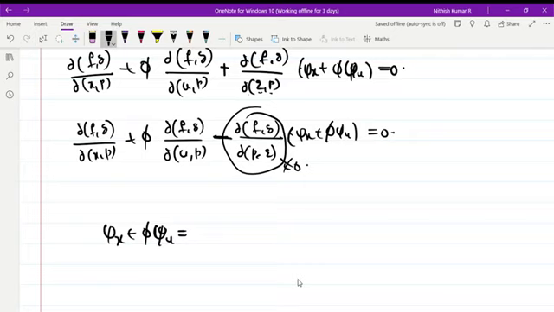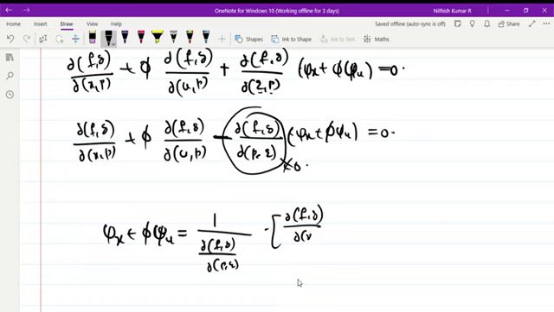Now this is as it is, ∂(f,g)/∂(x,p) into phi into ∂(f,g)/∂(u,p).